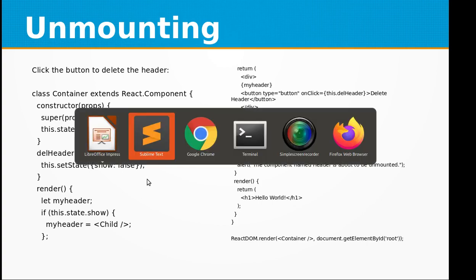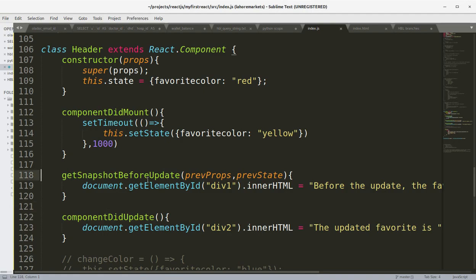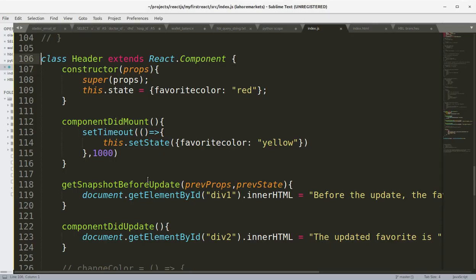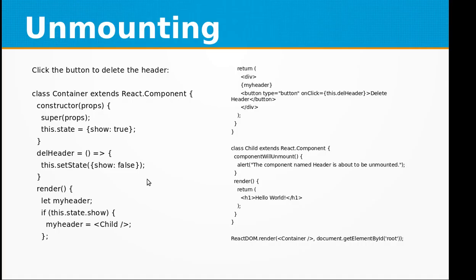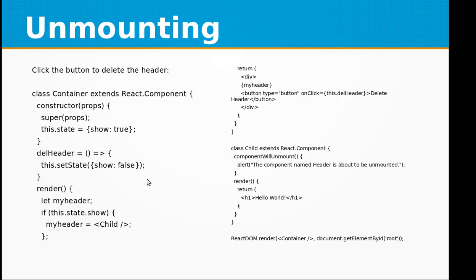So let's get back to our example. We have the header class here, which we can change to container class component, and in the constructor we have props, and in this.state we can change it to show: true.